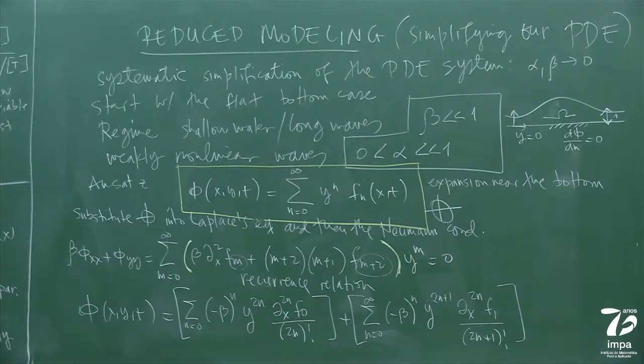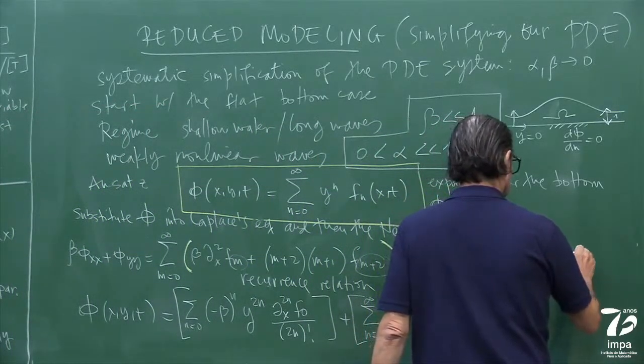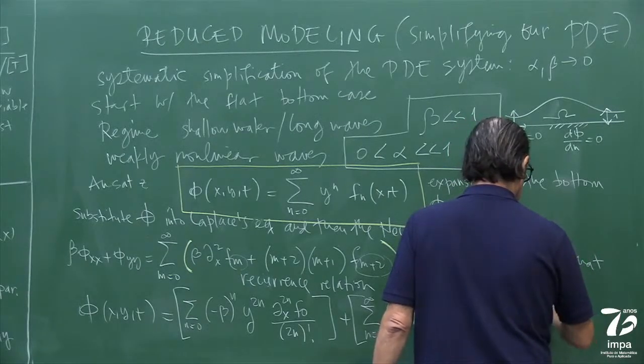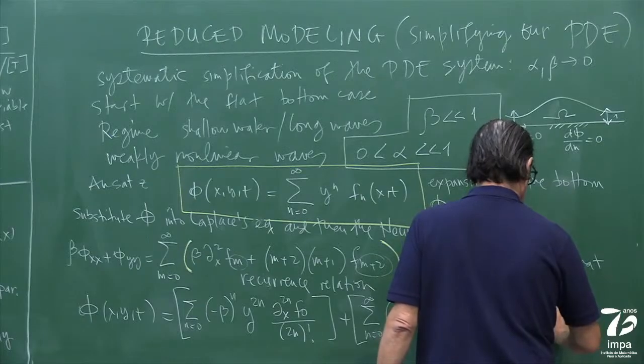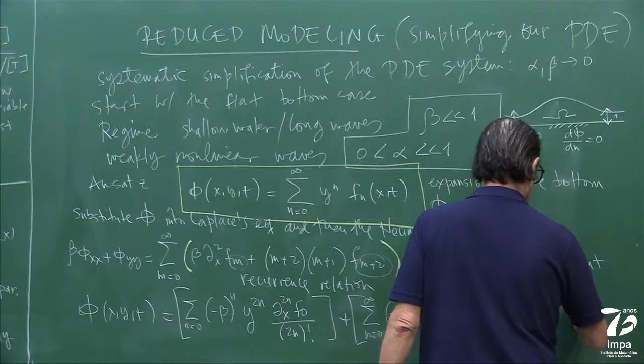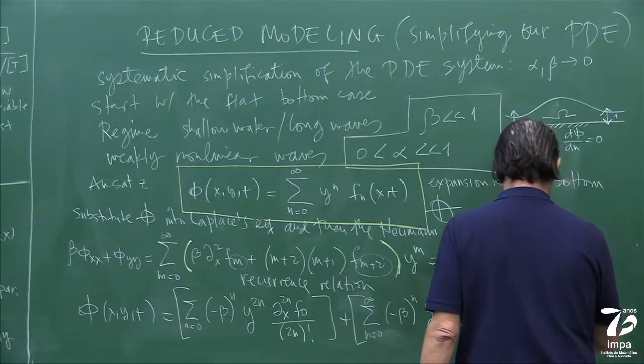Okay, but then check that f1 is going to be equal to 0 because of the Neumann condition.